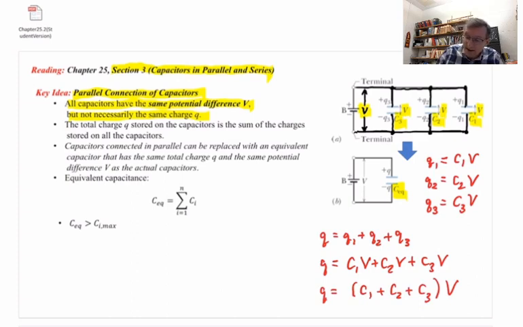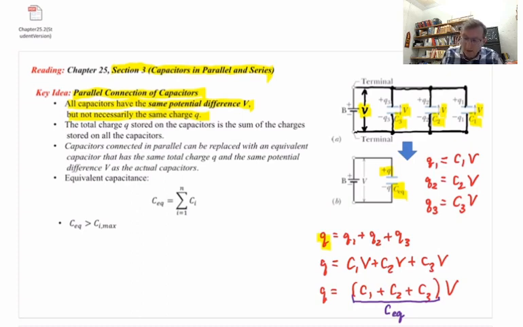And then I see that I can just call this sum, C1 plus C2 plus C3, the equivalent capacitance of the single capacitor you see in the second diagram. And so we can reduce the three in parallel to the one equivalent one, with a total charge Q, that's the sum of the charges on the individual capacitors, and a potential difference V.